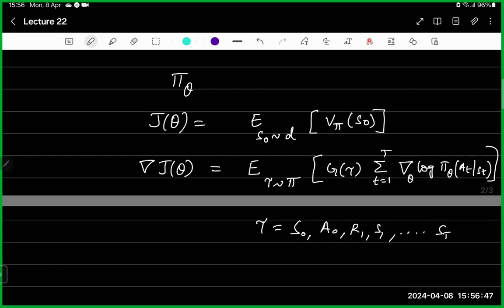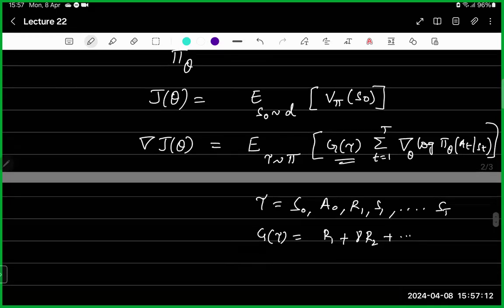If you are given all this information, you can calculate G tau, which is R1 plus gamma R2 plus so on, the appropriate power of gamma times R_T. So this is how we started.